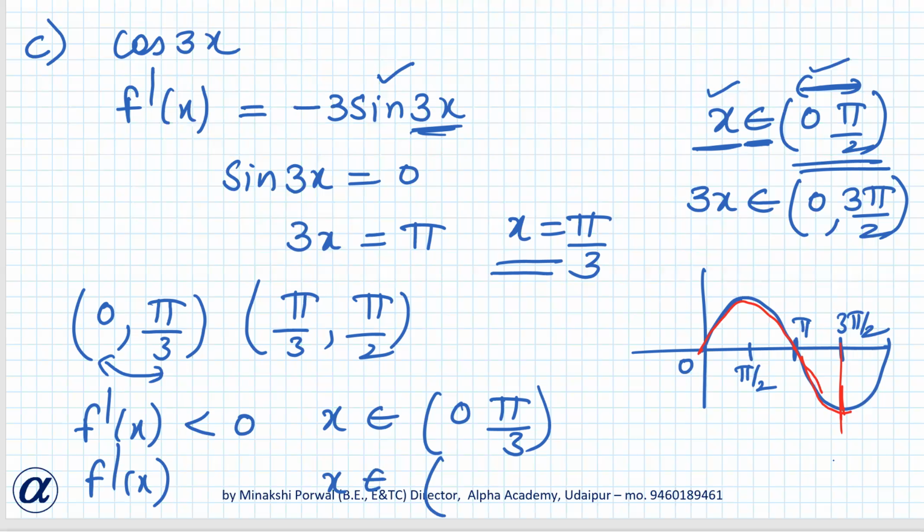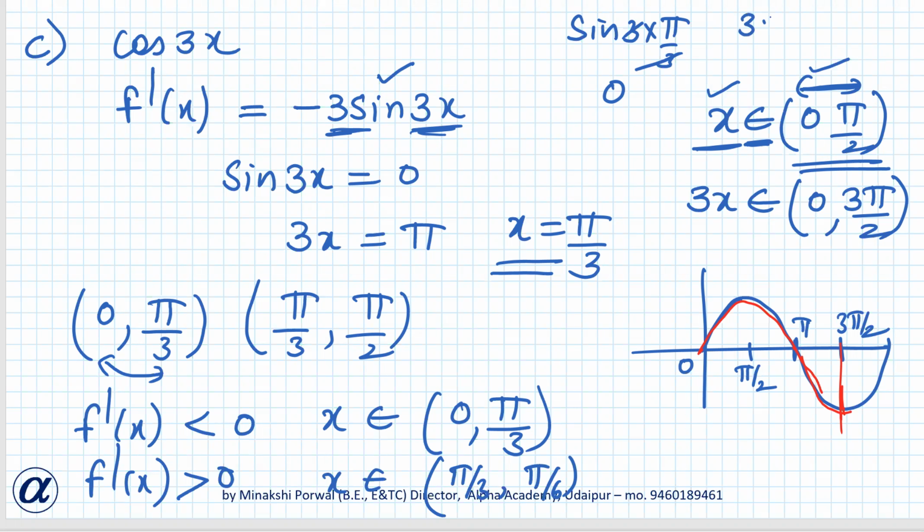One minute. In the interval pi by 3 to pi by 2, the value of sine will be negative, but as this function is minus of sine, it will be positive. Because when it is pi by 3, sine of 3 into pi by 3 is sine pi, which is 0.